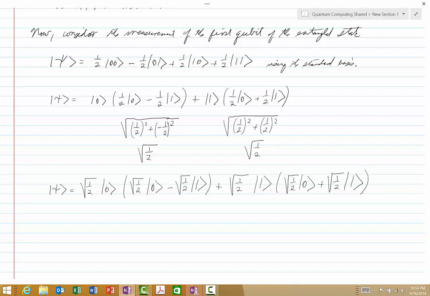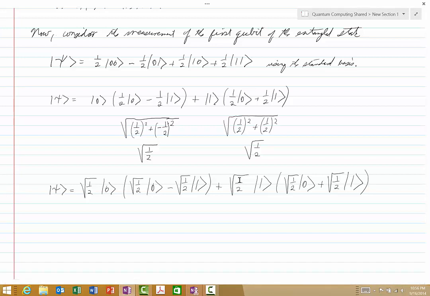But notice what we have here. The probability that measurement of the first qubit will give us 0 is this term squared. So it's 1/2. And the probability that the measurement of the first qubit will give us 1 is this squared. So that's also 1/2. So the probability of the measurement of the first qubit giving us either 0 or 1 is the same.